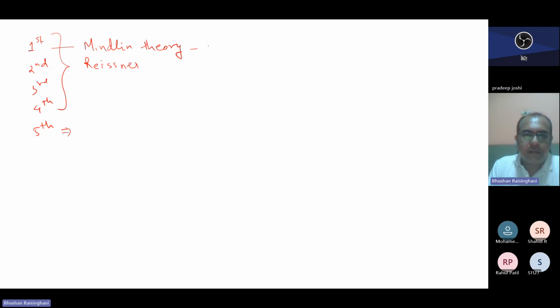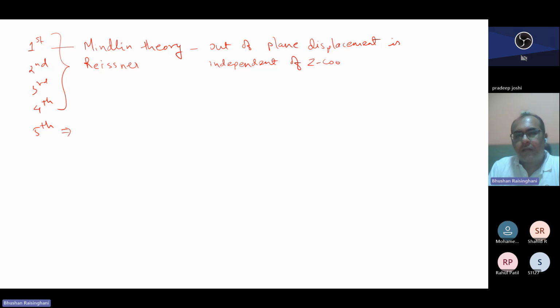What this theory basically says is that the out of plane displacement has no dependency on the Z coordinate, and you are dealing in XYZ coordinates only.